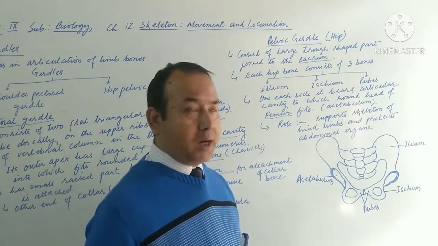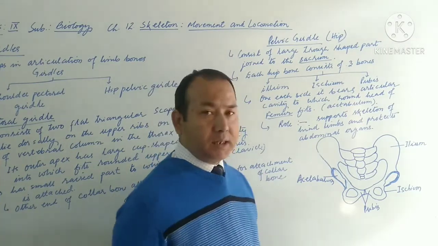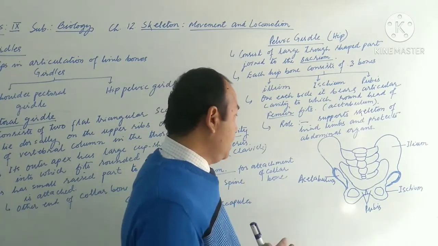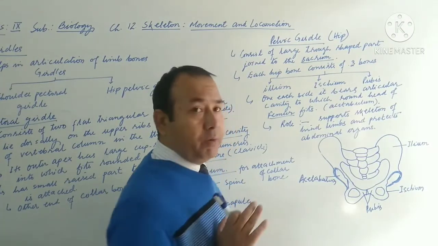The main role of this pelvic girdle is to support the skeleton of hind limbs and protect the abdominal organs. So these are the main roles of this pelvic girdle.